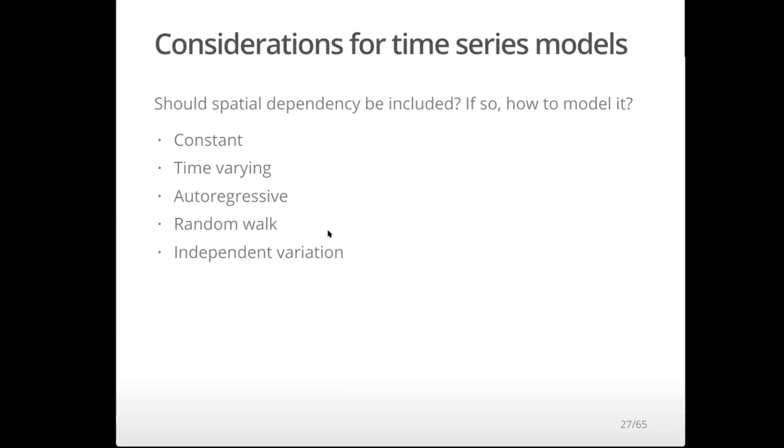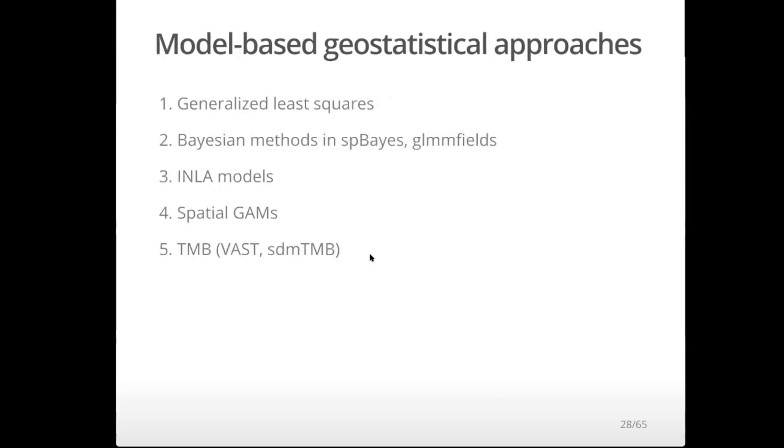It could be a random walk, and so instead of having that autoregressive phi to help it be stationary, maybe it could just have a random walk and kind of wander off into space. I think the interpretation in those kinds of autoregressive or random walk models would be that hot spots or cool spots one year would typically be hot spots the next, and so we have that autoregressive process. And they can be independent.